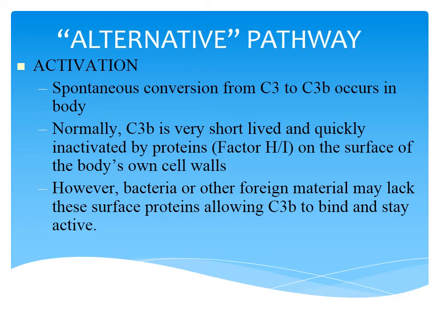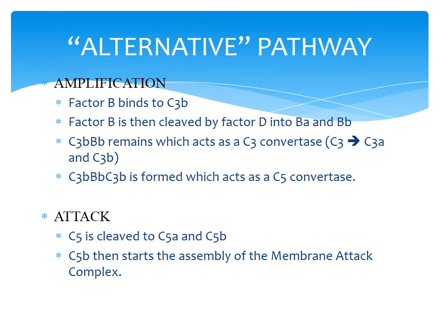Normally, C3b is very short-lived and quickly inactivated by proteins on the surface of the body's own cells. However, bacteria or foreign material may lack this surface protein, allowing the complement C3b to bind and stay active. Then factor B binds to the C3b, and B is cleaved by factor D into a smaller fragment Ba and another fragment Bb.